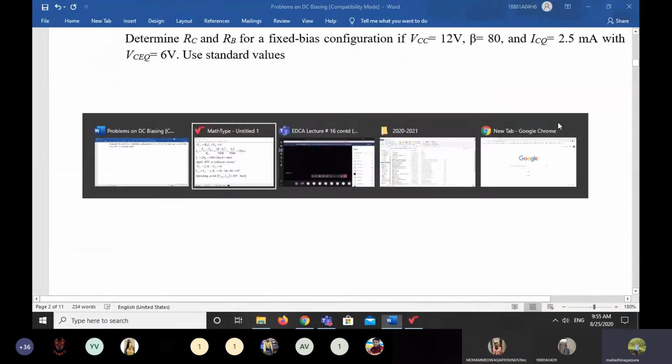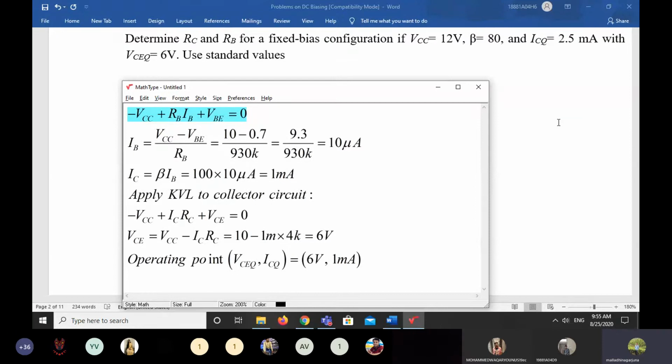this one. The same fixed bias configuration, but here the question is different. Determine RC and RB for a fixed bias configuration, if VCC equals 12 volts, beta is 80, ICQ is 2.5 milliamperes, and VCEQ is 6 volts.